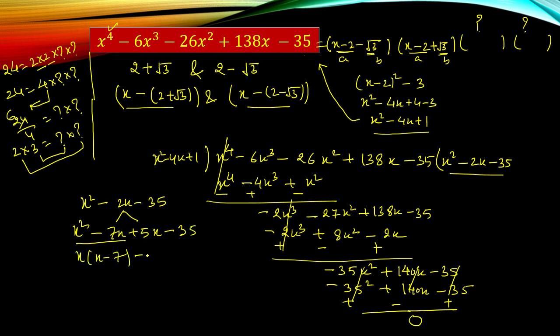If we are taking common plus 5 here, so automatically x minus 7 remains inside. So x minus 7 common. So we are finding x plus 5 is the second factor. So x minus 7 and x plus 5 are the third and fourth factors.